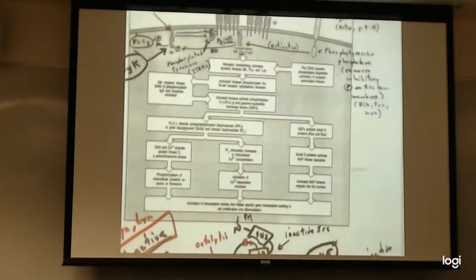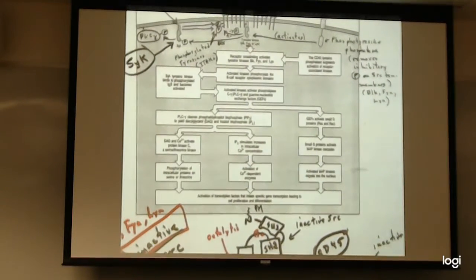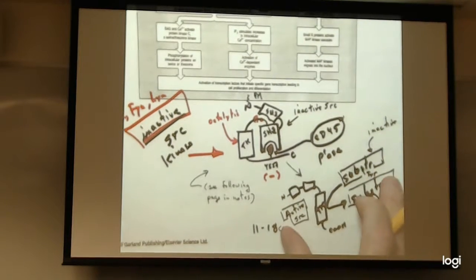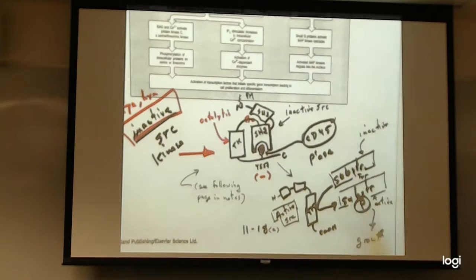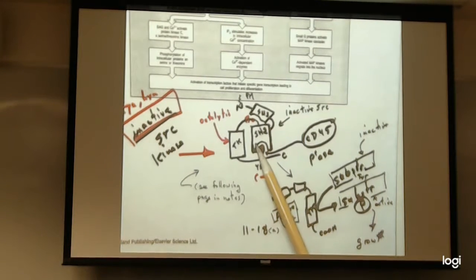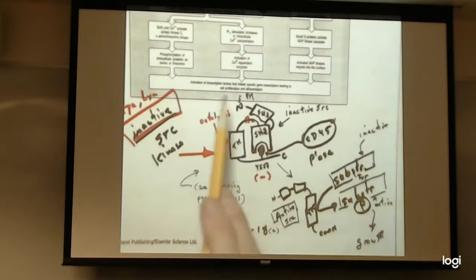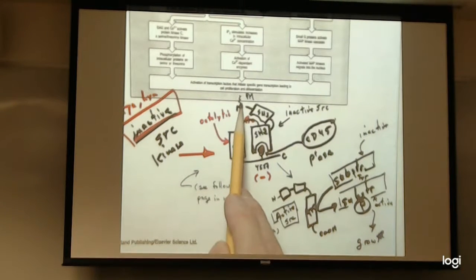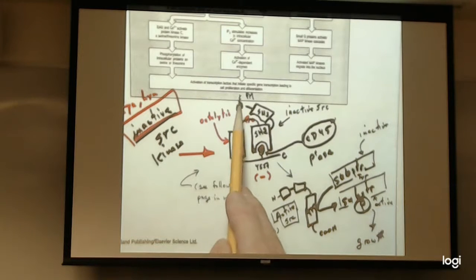Now down here, I'm going to show you a crude representation of Src and all other Src family tyrosine kinases. They have an amino terminal end, which is post-translationally modified to put on a 12-carbon fatty acid called myristic acid, a saturated fatty acid.